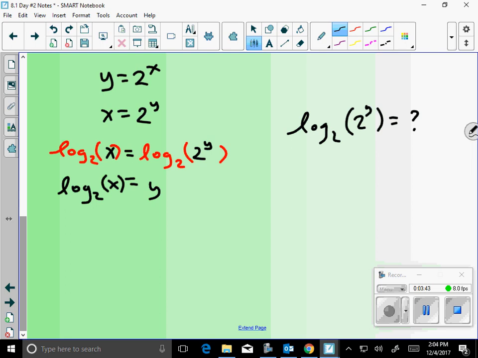Log base 2 of x, right? Because 2 to the what power equals 2 to the y? Well, that would have to be y. Therefore, this evaluates to just y. And that's our inverse.